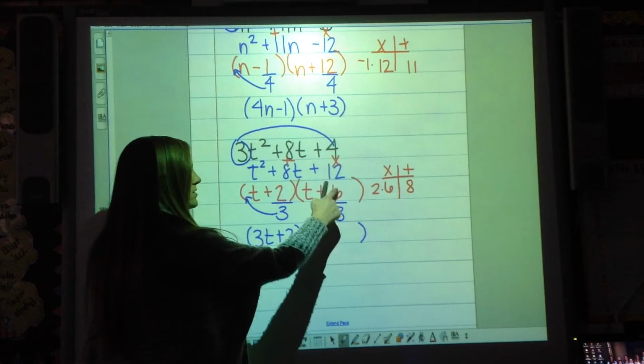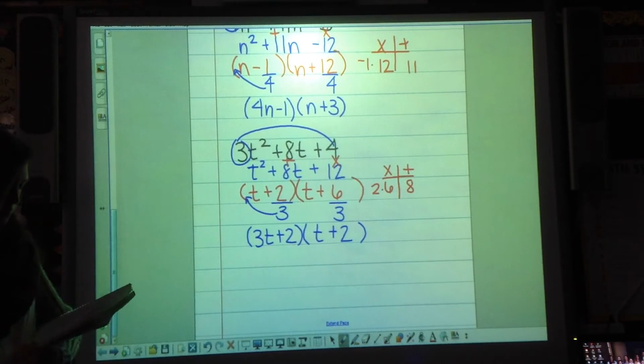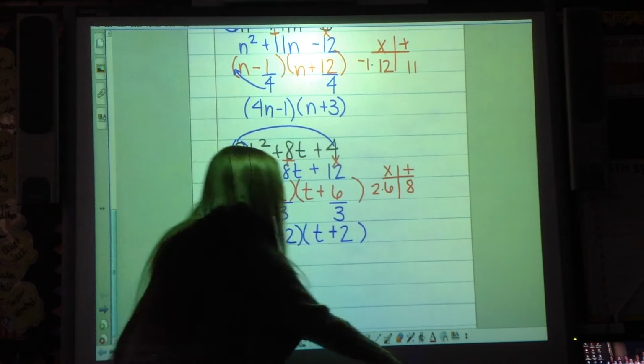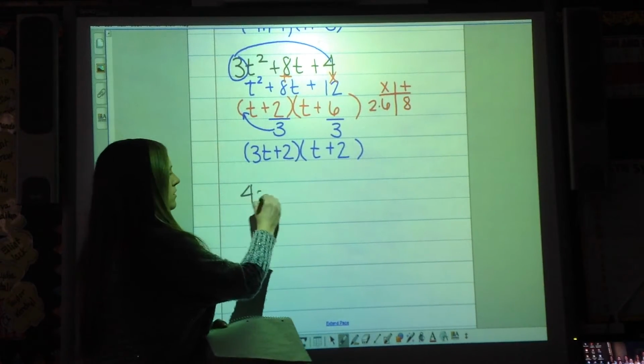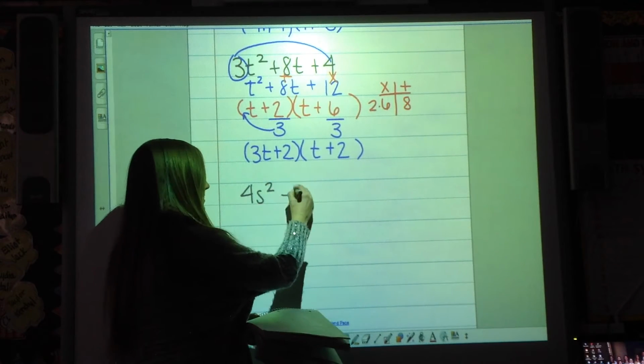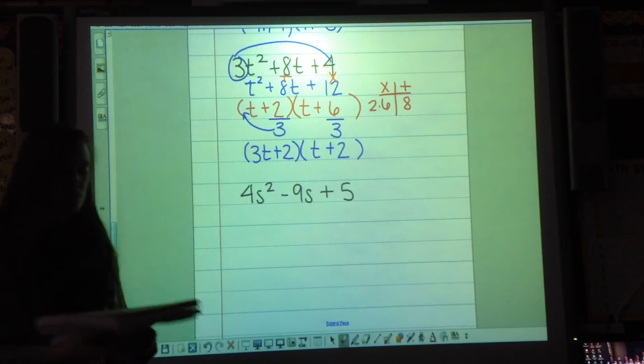In the second parenthesis, I can divide, so I get t plus 2. Okay. I would like you to try 4s squared minus 9s plus 5. Push pause and try that now.